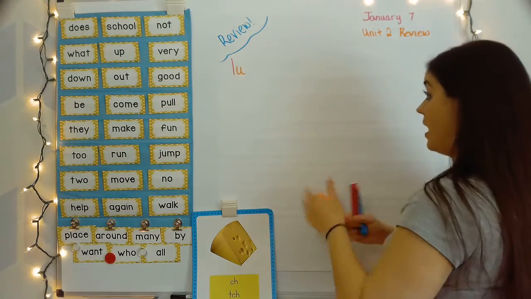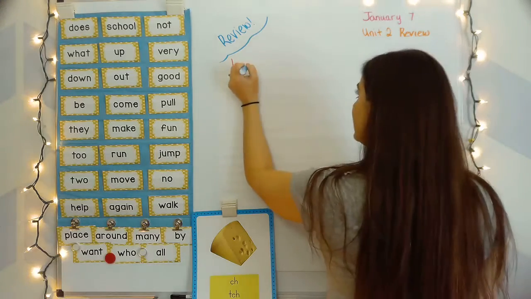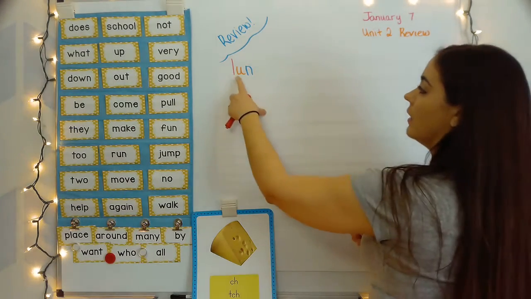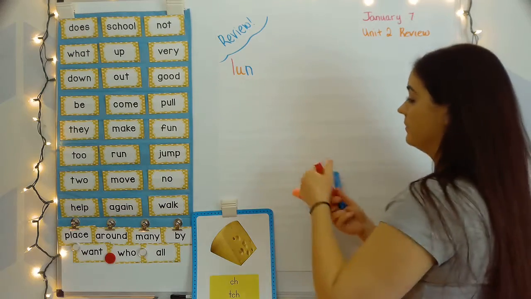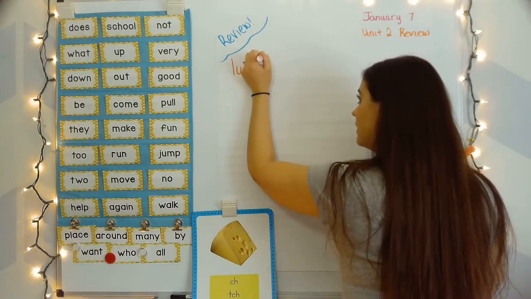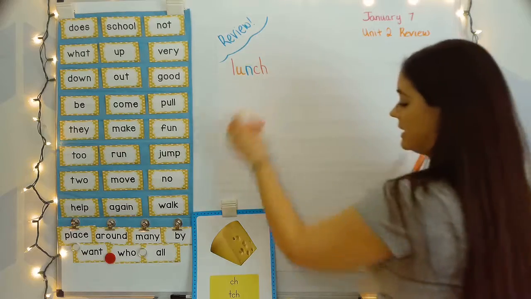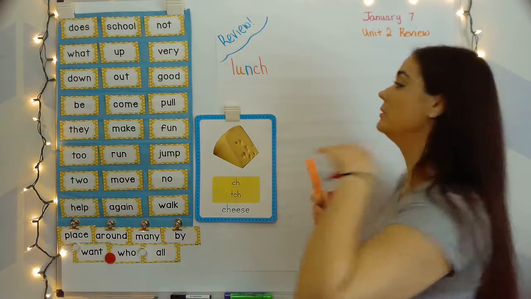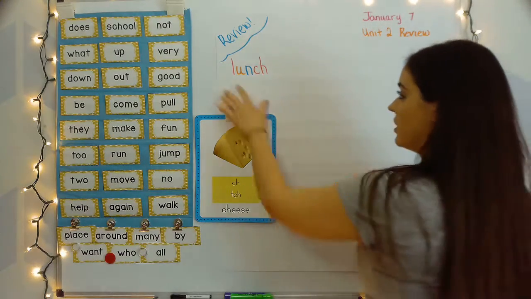U says u. N says n. And remember, CH, like the cheese card, like cha, says cha. So now let's blend.